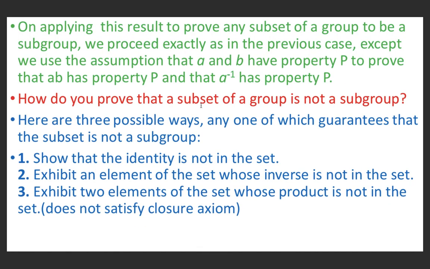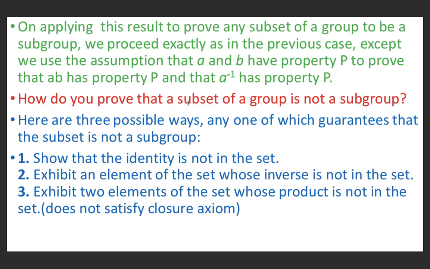So on applying this result to prove a subset of a group to be a subgroup, we proceed exactly as in the previous case, except we use the assumption that A and B have the property P to prove that AB has the property P and A inverse has the property P. So only this part is different. So we have learned how to prove that a non-empty subset of a group is a subgroup.